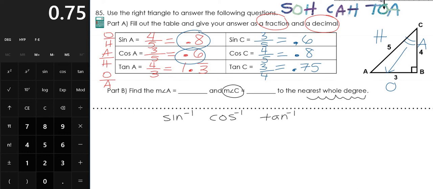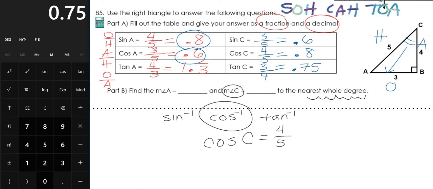Since we have all three sides, and we don't have any restrictions because we have all three, you can choose any of these trig ratios to use. Let's say I use cosine. So cosine to the -1 would look like this. I would say cosine of angle C is equal to adjacent over hypotenuse, 4 over 5.